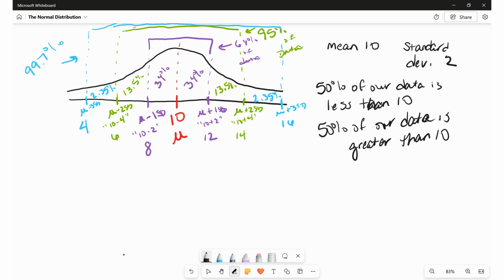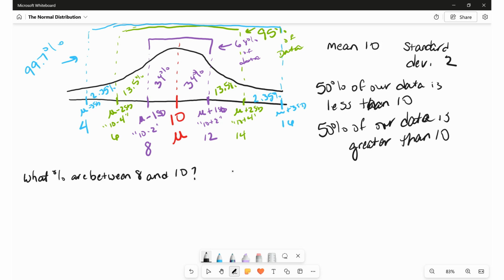Now we want to look at asking some questions. So how about this? What percent of the data are between 8 and 10?